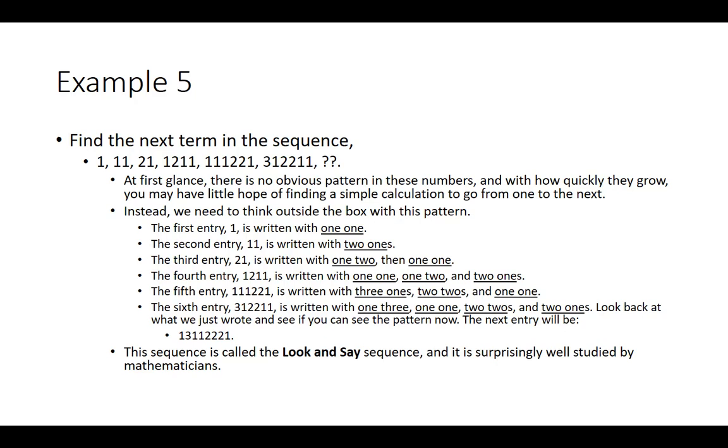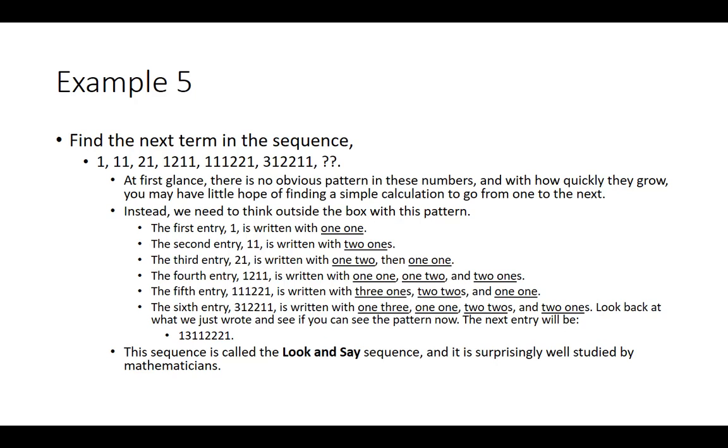Instead, we need to think outside the box with this pattern. I didn't say 1, 11, 21, 1211, 111221, 312211, because that would actually make this more difficult to figure out. I said 1, 1, 1, 2, 1, 1, 2, 1, 1.